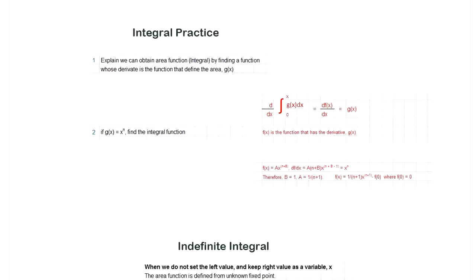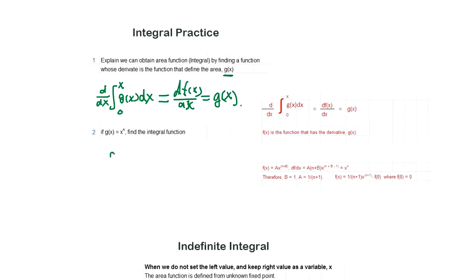Okay, we practice integrals. Explain we can obtain the area function by finding a function whose derivative is the function that defines the area. Okay, we already explained that. So we take the derivative of the integral function. Then we can write it this way, right? And that should be the slope function of the area function.